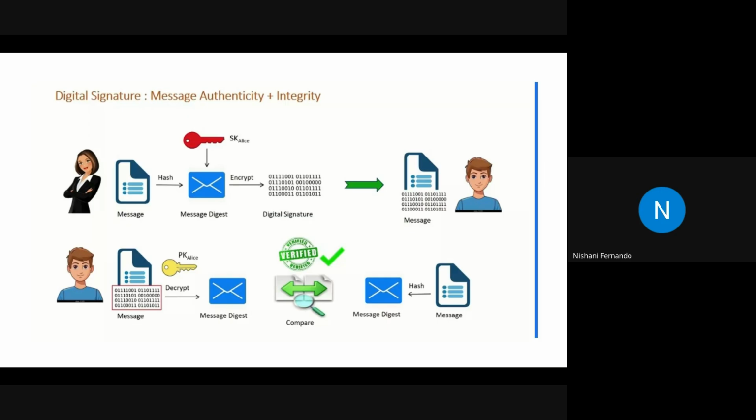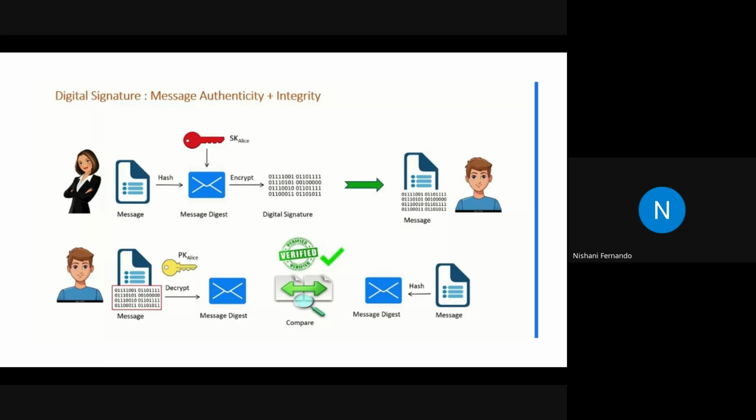Along with this message, there will be another key sent to the receiver. We call it a public key. So there are two keys on this digital platform, and the receiver needs the public key to open the document. The receiver uses the public key to decrypt and open the document.